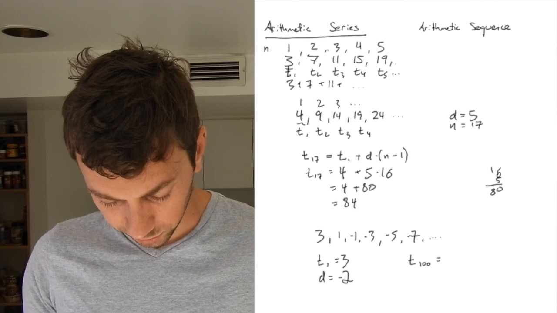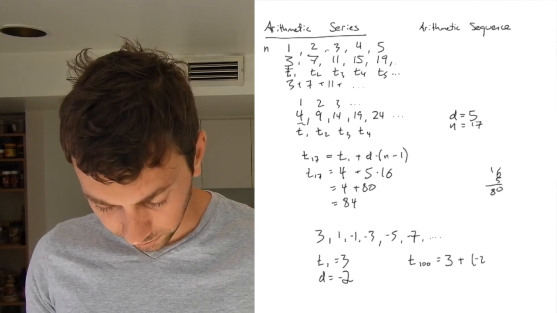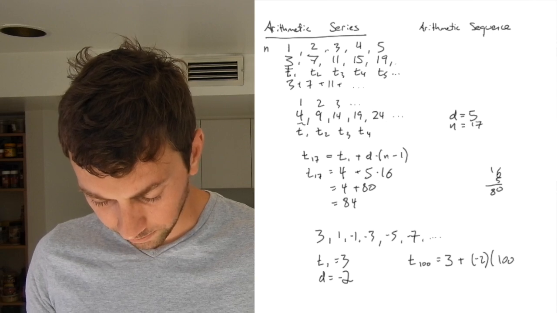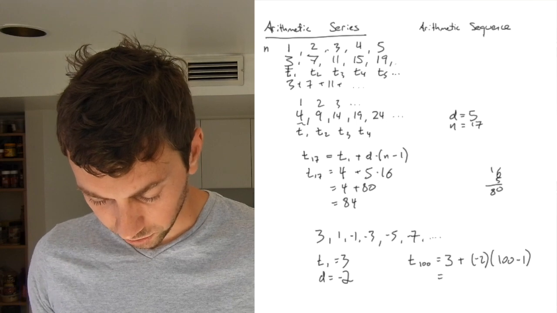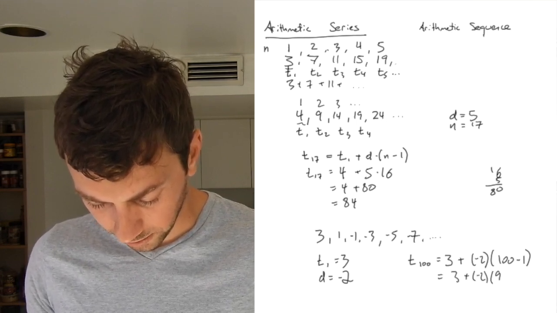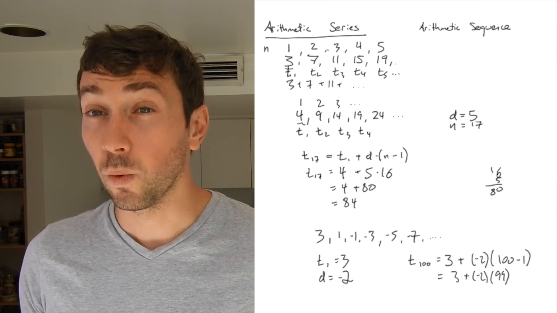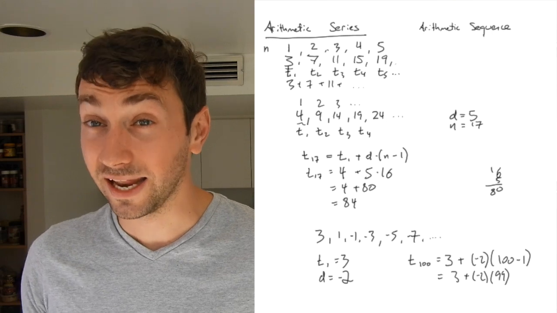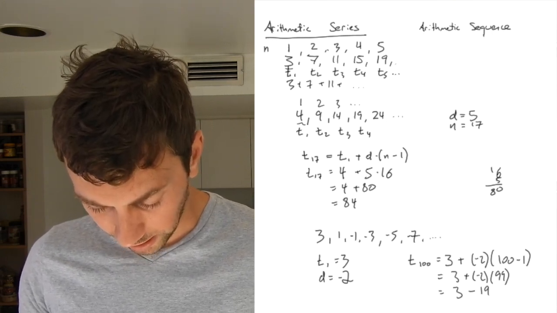So T100 equals 3 plus, so D is negative 2 times 100 minus 1. So that is 3 plus negative 2 times 99. 99 times negative 2, 198 negative. So that's 3 minus 198.